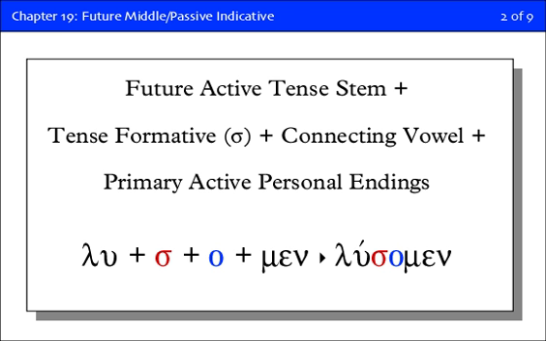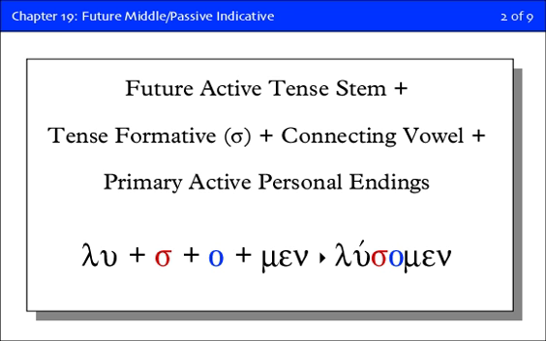Okay, so how do these verbs form their futures? Well, it's simple. You start with the future active tense stem, and we'll talk about that in a second. And then you add a tense formative. Now, in the case of the future, it's a sigma. In other words, the Greeks took a sigma, stuck it on to the end of the future active tense stem to help form the future tense, the tense formative.